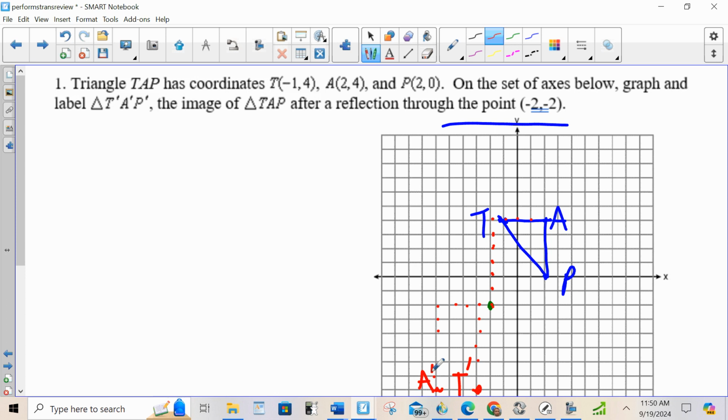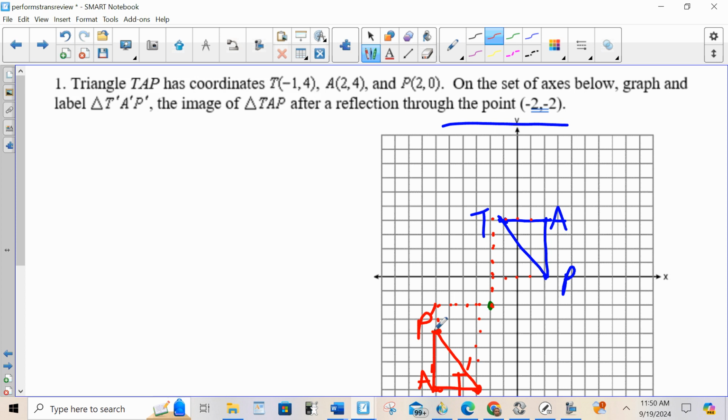That's A prime. P, I'm going left 4, down 2, then left 4, down 2. That's P prime.